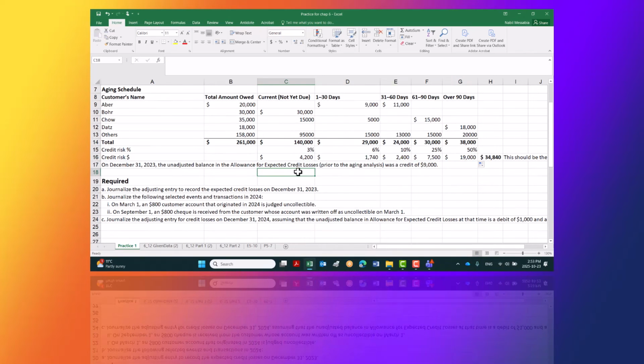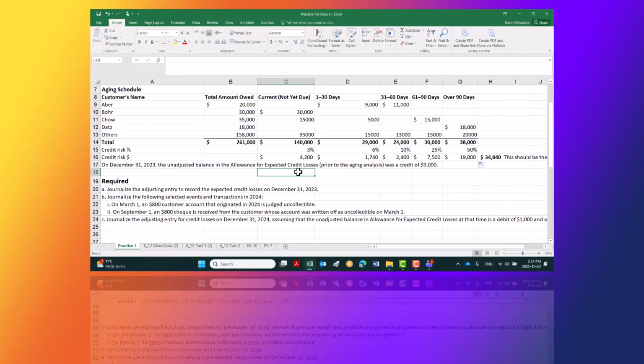So there is a risk that we lose $4,200 among the $140,000, and so on, until we get the total risk among the total $261,000 of receivable. There is a total risk of $34,000.